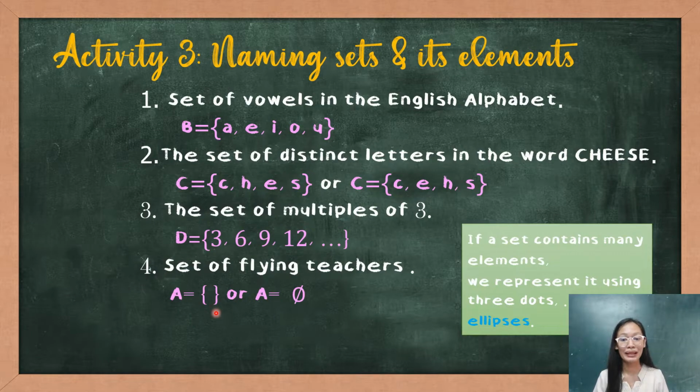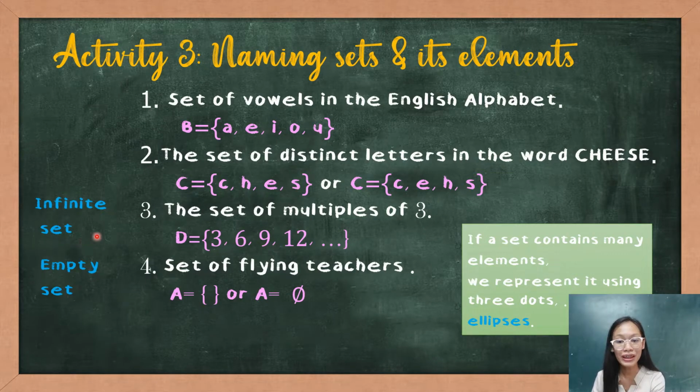Wala siyang laman. Okay, we can use close and open braces na walang laman, or this one, yung bilog na may guhit. Yan yung symbol natin for an empty set. Empty set, yung tawag natin kay number 4 kasi wala siyang laman.